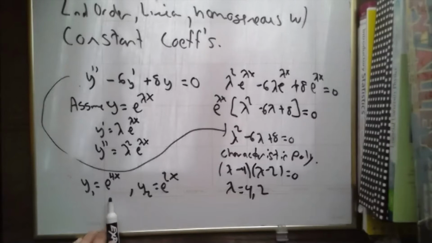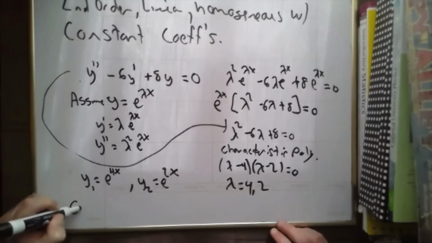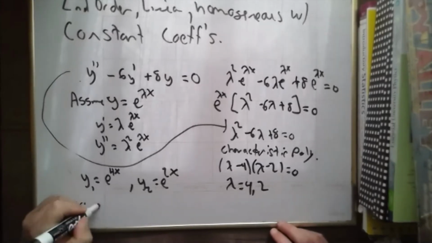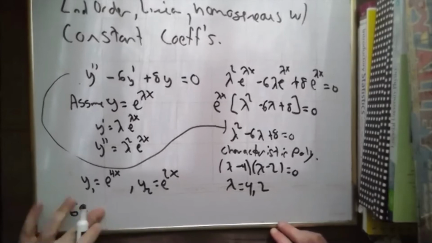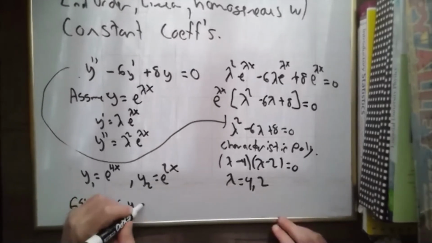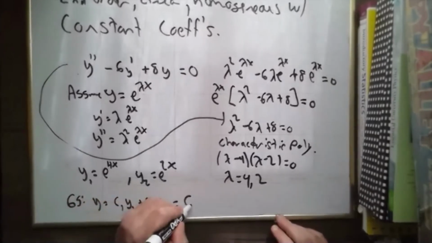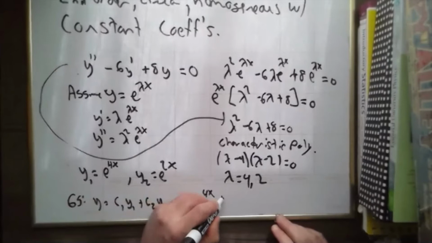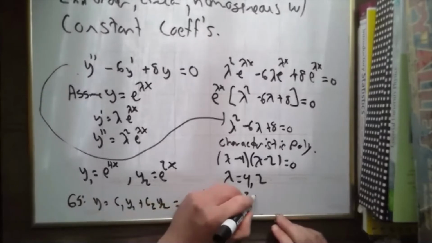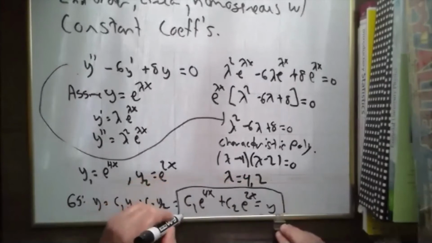You can check. The Wronskian of these two is not 0. These are linearly independent. So then my general solution will be y equals some constant times y1 plus some other constant times y2. So C1 e to the 4x plus C2 e to the 2x.